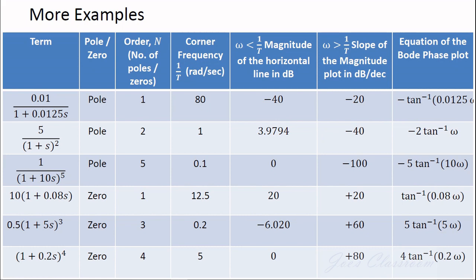But the important point to note here is that the corner frequency is associated with the T value, 1 by T, and the magnitude of the horizontal line for frequencies lesser than 1 by T, the corner frequency, corresponds to 20 log K. It corresponds to K, and the slope of the magnitude plot beyond the corner frequency gives you an idea about the order of the pole, the number of poles, the n value.